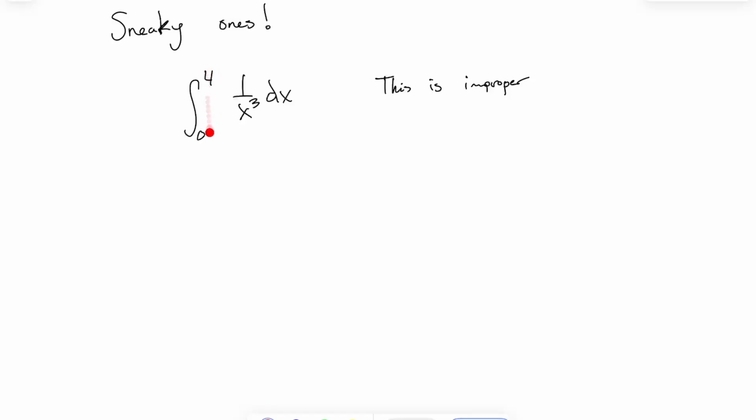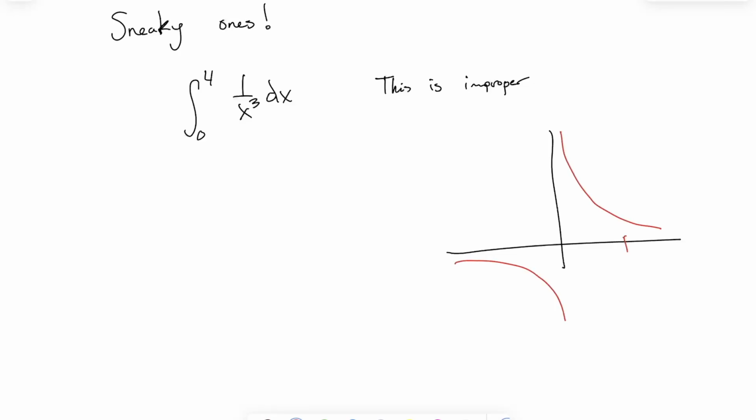If you think about what the endpoints look like, it's a little weird that you can't even do that endpoint. In fact, if you were to look at a graph of this, 1 over x cubed basically looks the same as 1 over x. It looks like that, right? And what I'm talking about here is the area from 0 up to 4. And again, it's improper because this is an area which stretches on forever.